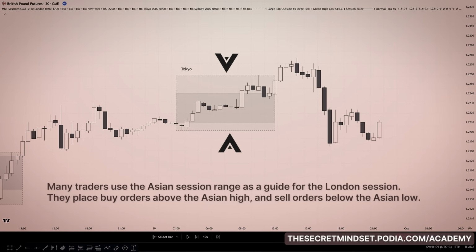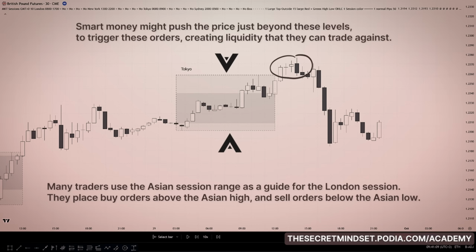They might place buy orders above the Asian high and sell orders below the Asian low. Smart money might push the price just beyond these levels to trigger these orders, creating liquidity that they can trade against. They might spike the price above the Asian high, triggering buy orders, only to sell into this liquidity and push the price back down.